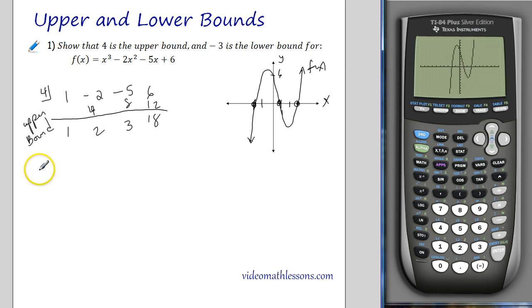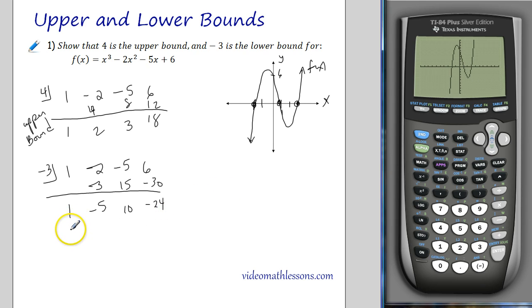Now let's try -3. So I'll plug in -3 and do it again with the original equation: 1, -2, -5, and 6. So 1, -3, -5, +15, 10, -30, -24.